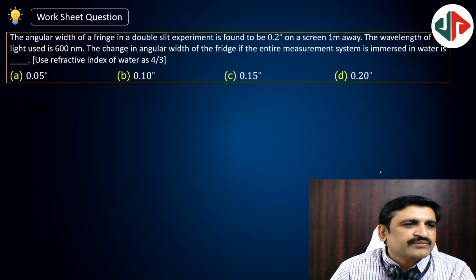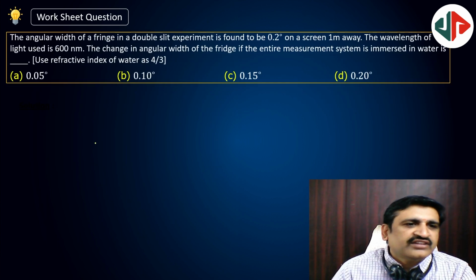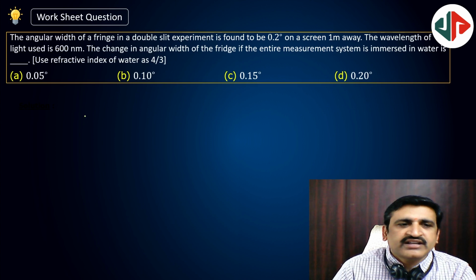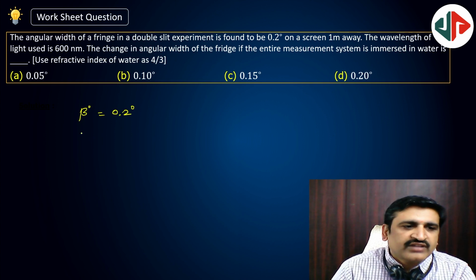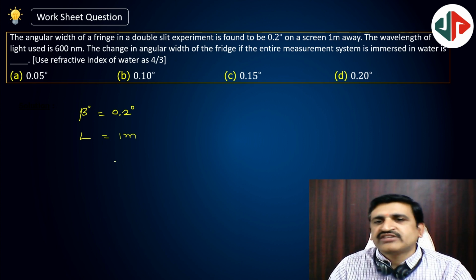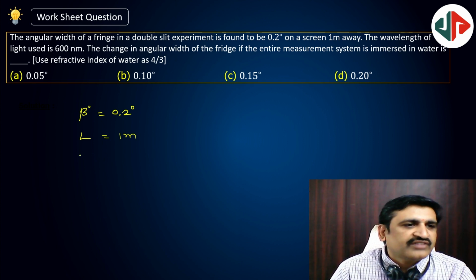Yes, next one. The angular width of the fringe in a double slit experiment, beta, is 0.2 degrees, and on the screen at 1 meter away, L equal to 1 meter. I used to write capital L instead of capital D. The wavelength of light used, lambda, is equal to 600 nanometer.